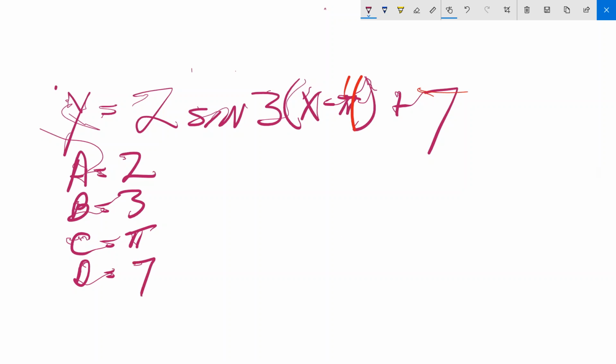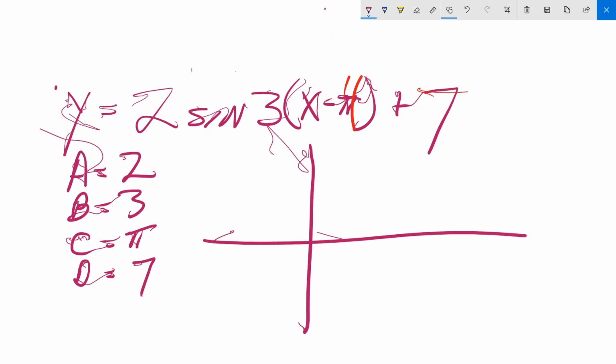Okay. Let's take the normal sinusoid function, y equals sine x. Let's put some dimensions on it. It goes from 1 to -1.